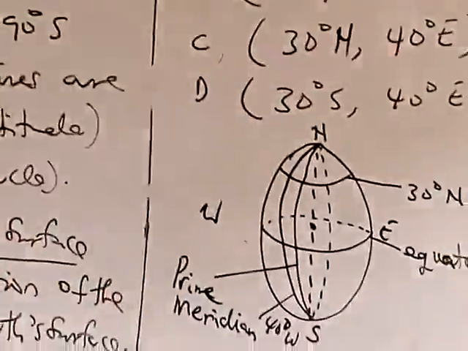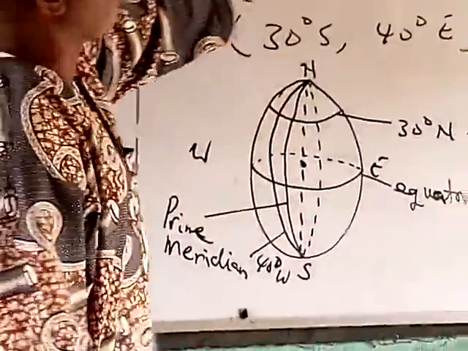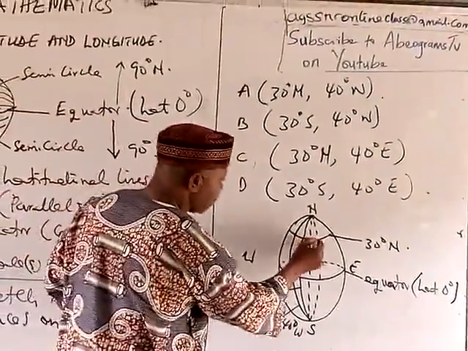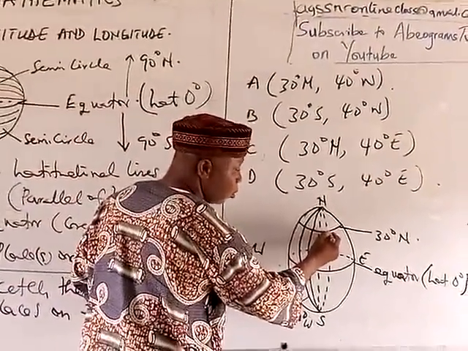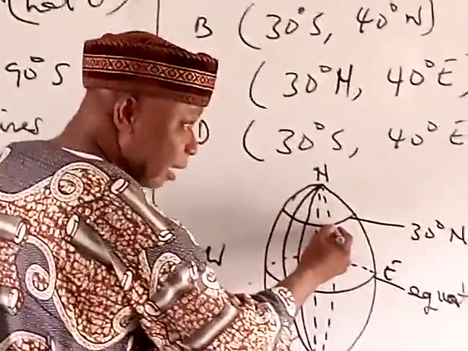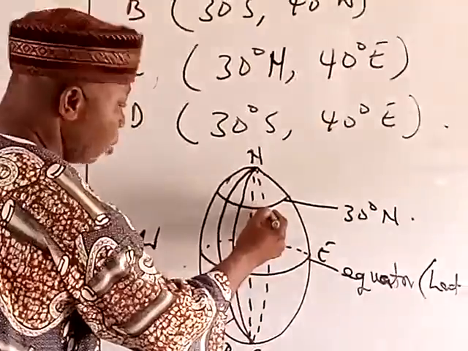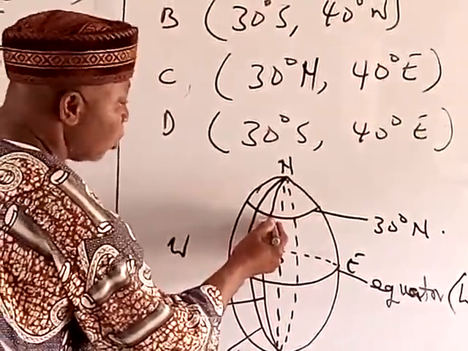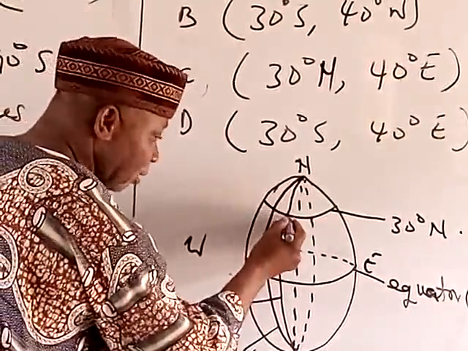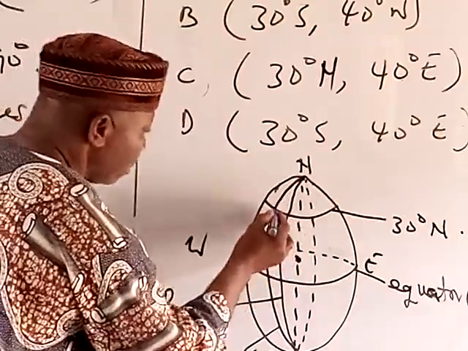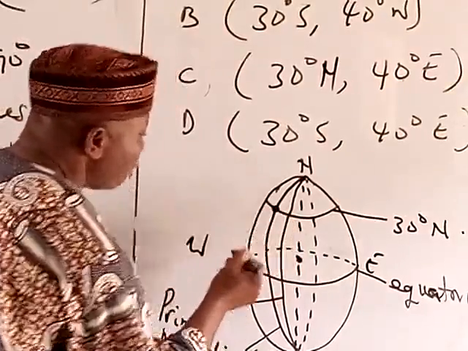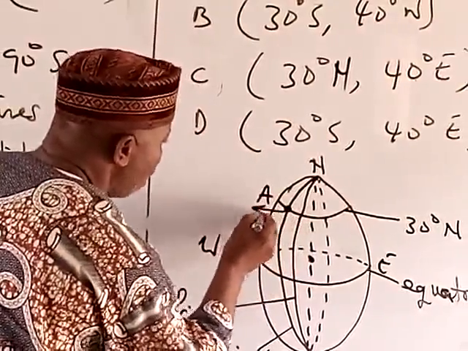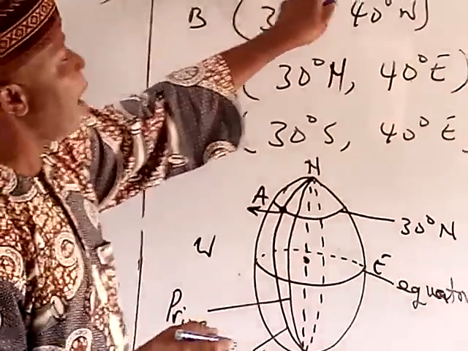The point of intersection of 30 degrees north and 40 degrees west will give you point A. Is it this point? No. Is it this point on the polar axis? No. You are right. Is this the point? Yes, you are correct. So this is point A, where you have your 30 degrees north and 40 degrees west.